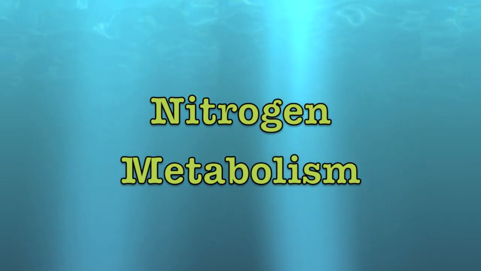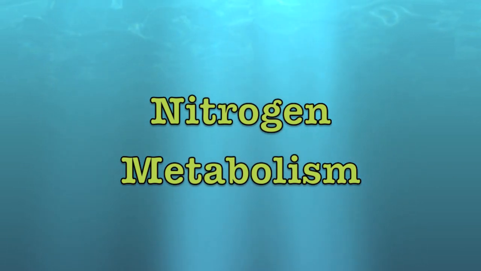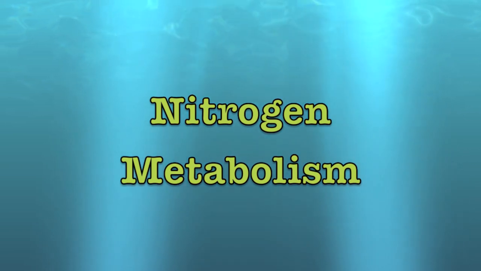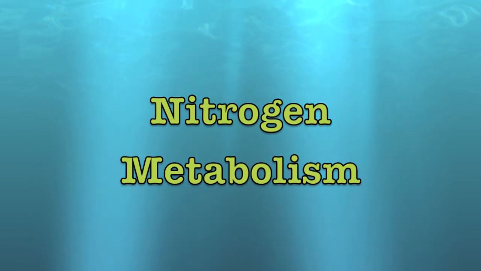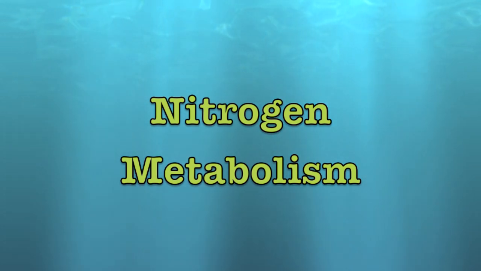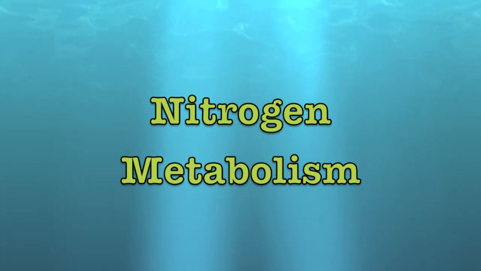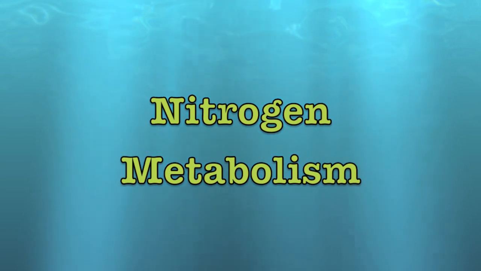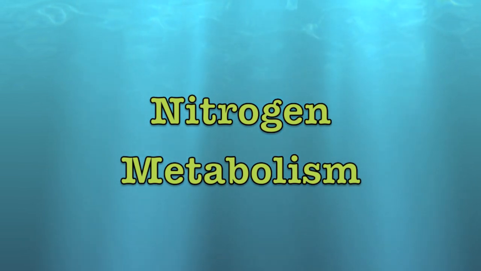Ammonia, or the ammonium ion, is actually quite toxic to the body. It has to be incorporated into other organic molecules so that it doesn't poison us. When we talk about nitrogen metabolism, we're basically talking about all of the different ways that ammonium is incorporated, used, and eventually disposed of. I'm going to do a brief overview of those three concepts to give you a general idea of what's going on.